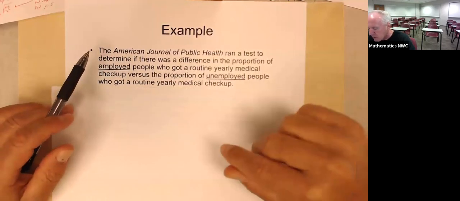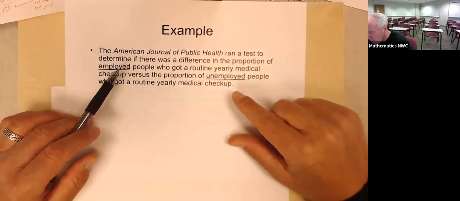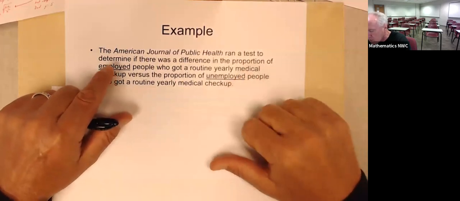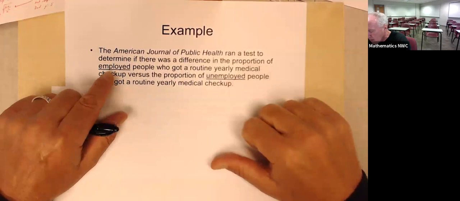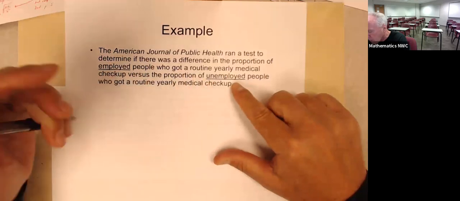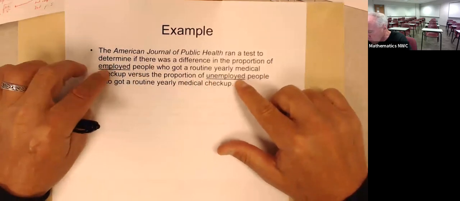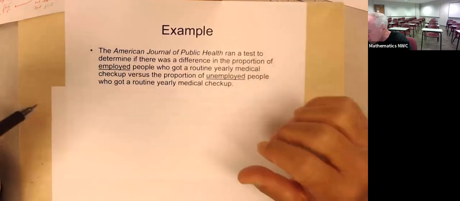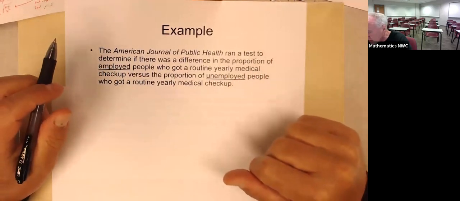If you were in class here, I would ask you, first of all, do you think there is a difference between the proportion? In other words, if I'm employed, am I more likely to get a routine yearly physical? Or if I'm unemployed, am I more likely to get a routine yearly physical? And I would ask you to raise your hands for who would vote for which, or if you think they're not different, you could say, I don't think there's enough difference there to be statistically significant.